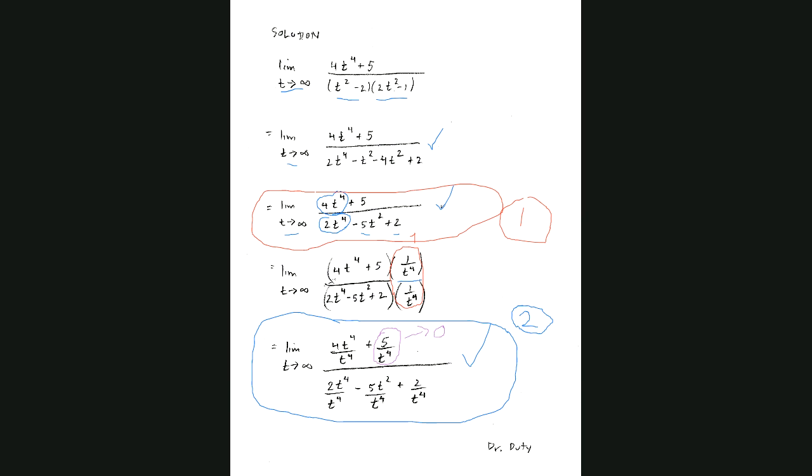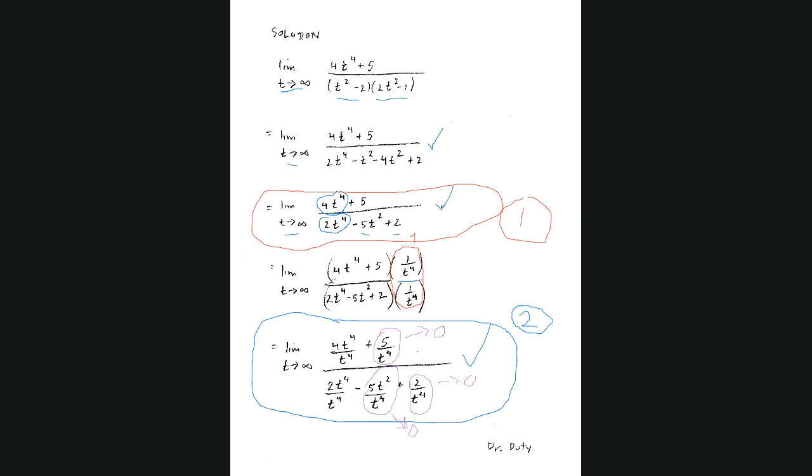What's that going to approach as t goes to infinity? That's going to go to 0. So, in our minds, we're saying, okay, those terms drop out. And this term here, 5t squared over t to the fourth, that would approach 0, because we simplify that, that's just going to be 5 over t squared.